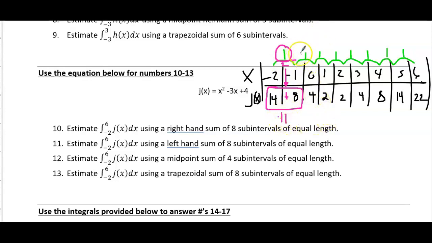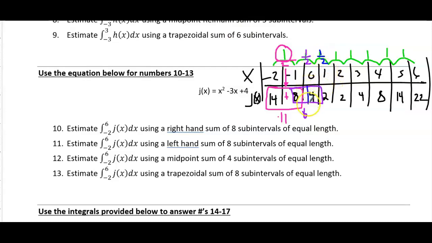And we're just going to keep up that process. So my next one here, we're going to take my height, we're going to divide it by 2. We're going to add the next pair of bases, that's 12. 12 times a half is 6. Take your next height, divide it by 2.